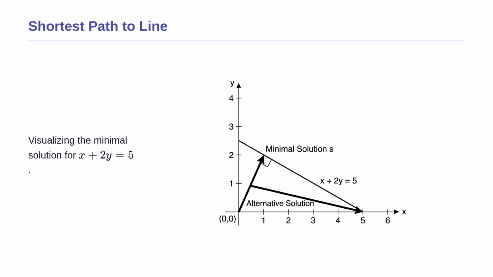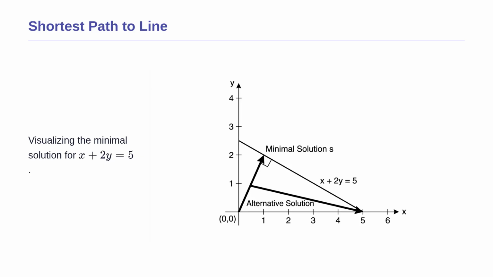To truly understand what we just calculated, let us look at this visually. Here we see a graph with an x-axis and a y-axis. The long diagonal line represents our equation, x plus 2y equals 5. Every single point on this line is a valid solution to our equation. Notice the arrow pointing from the origin to the point 1, 2.